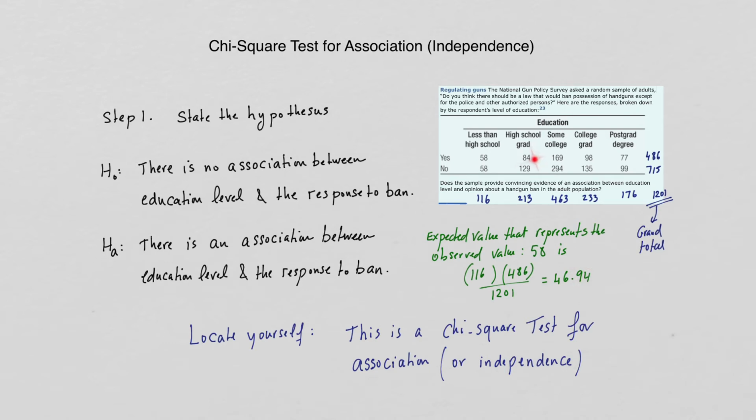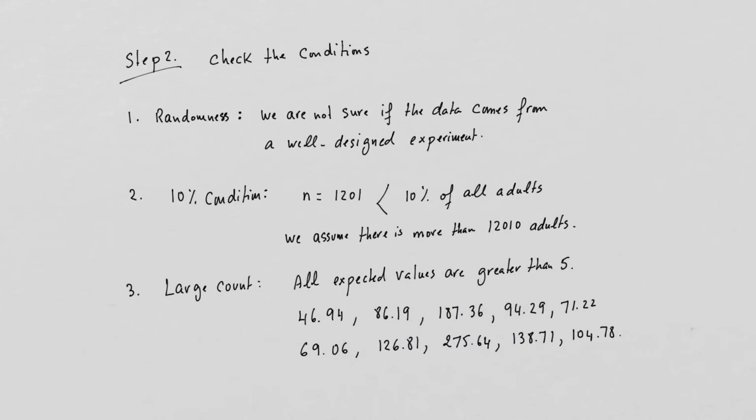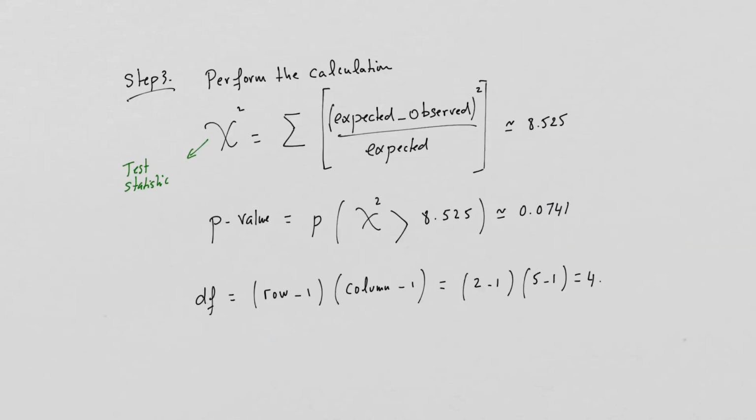You take the expected corresponding to 84, which I didn't do, subtract the 84, square the whole thing, and divide it by the expected value. And then you go to the next one and you add them up, and you get 8.525. I will also show you how to do all of this on the graphing calculator.